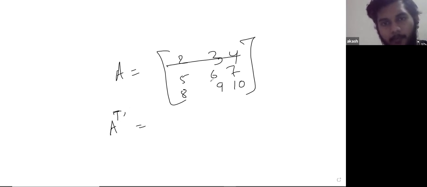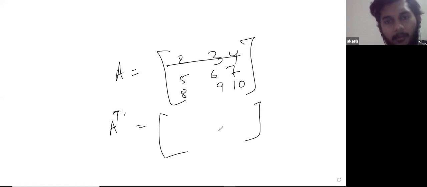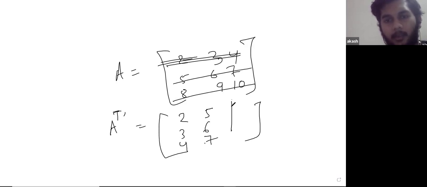Take the first row and write it in the first column. This is row 2, 3, 4. We write it like this: 2, 3, 4. Then take the second row, write it in the second column: 5, 6, 7. Take the third row, write it in the third column: 8, 9, 10. Done. This is called the transpose of a matrix.